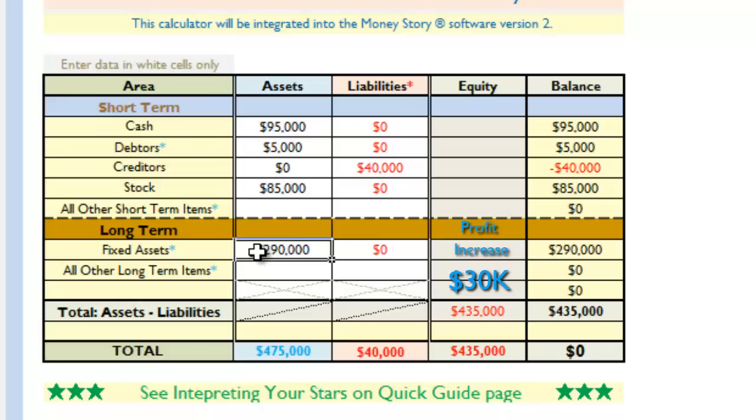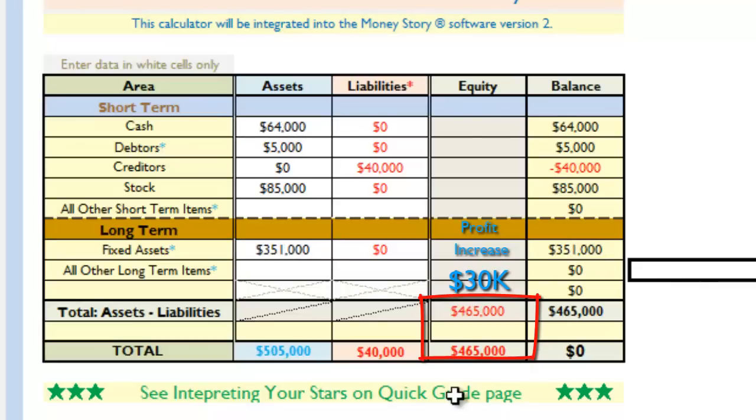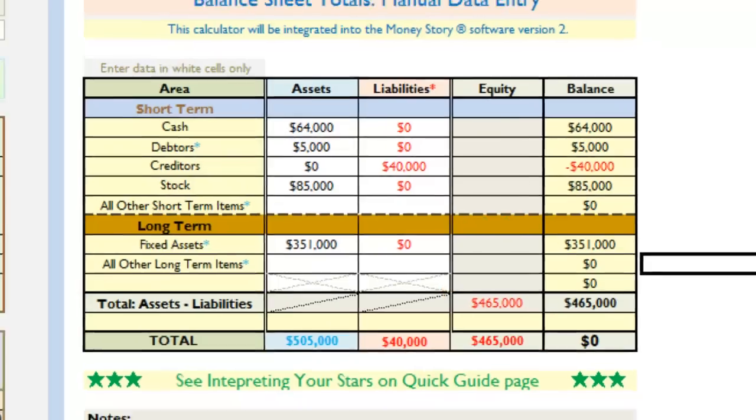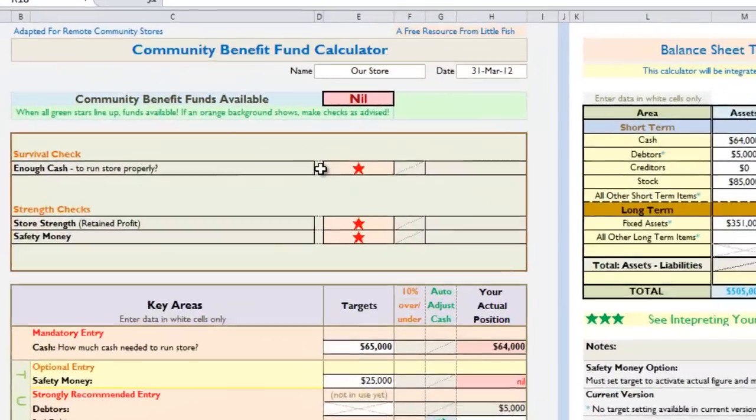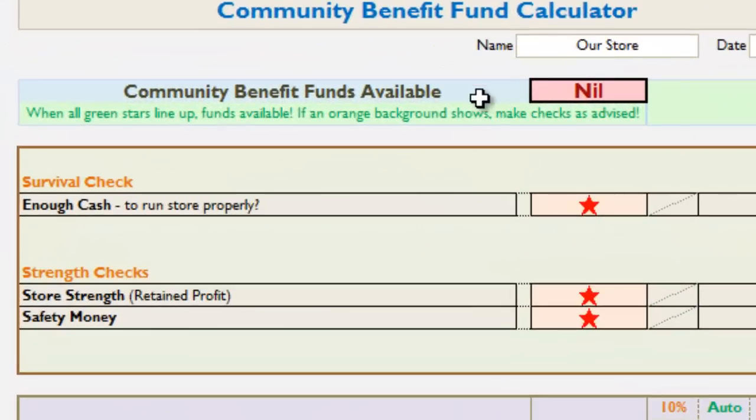So let me put some numbers in here. Another number up here to keep it simple, and here we are up by 30,000 to 465. And yet, after making all this profit, we've got red indicators for everything and no community benefits available.